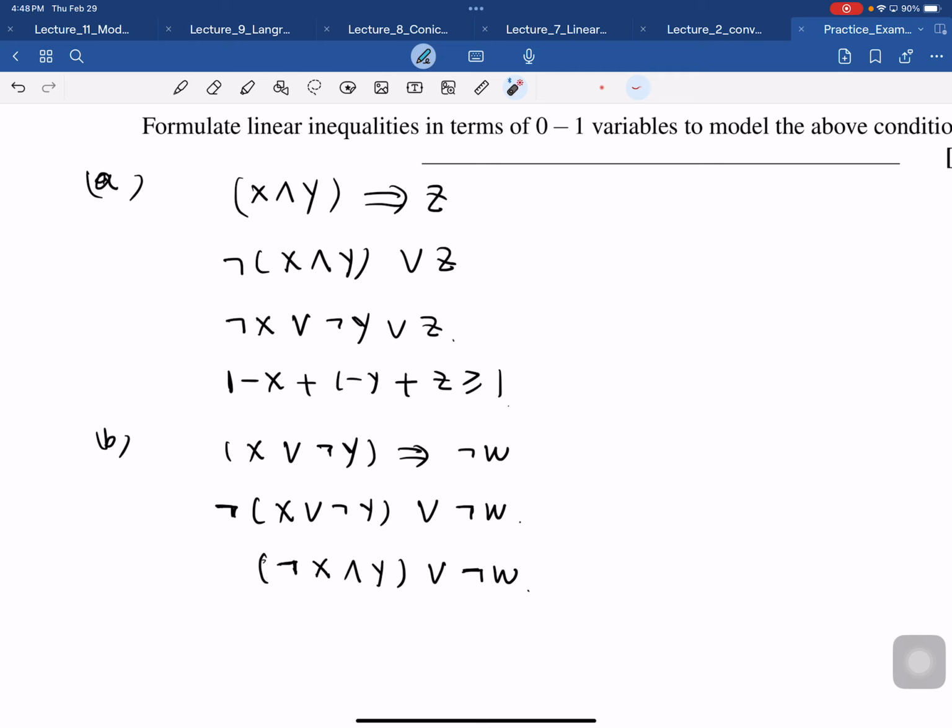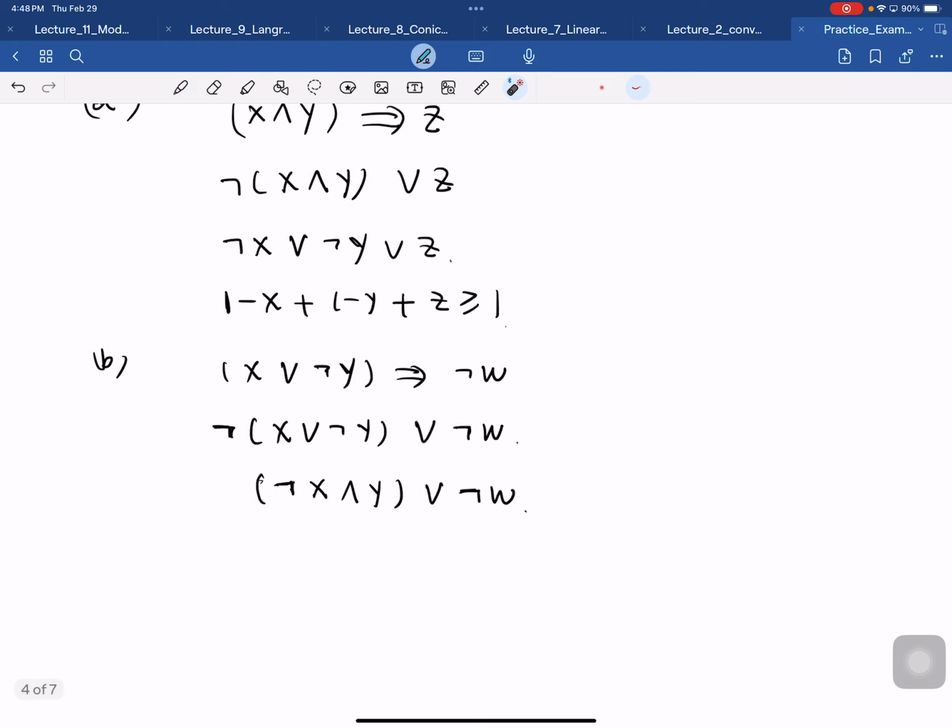Okay. So now it is still not a conjunctive normal form yet, right? Because the and operator is inside the parenthesis, the or is outside, right? So what you can do is distribute this or operator into the parenthesis. Right? So now it will be something like the negation of x or the negation of w, and y.